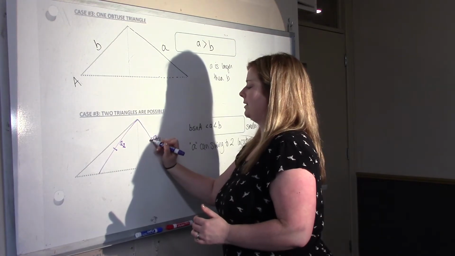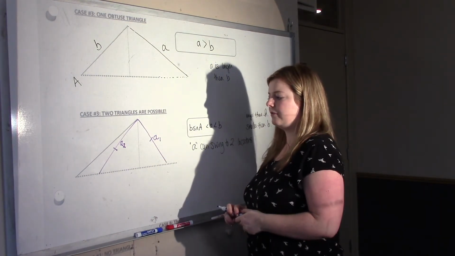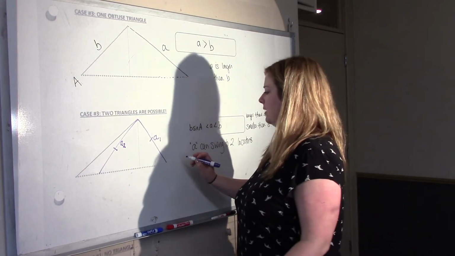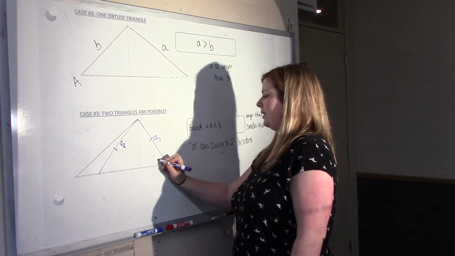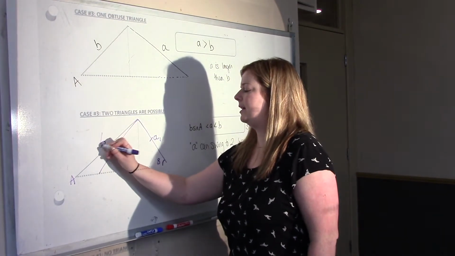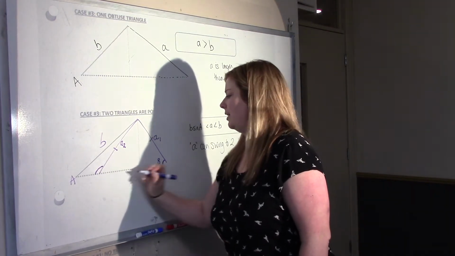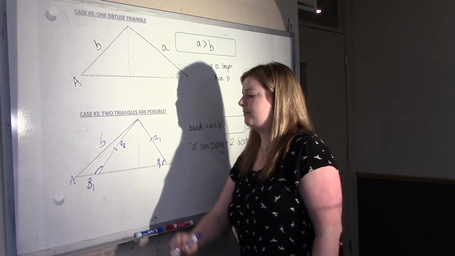Now, these are both the same because they're the same line, just drawn in two different places. Okay, so this is your first possibility for the angle B, given that this is angle A and this is side length B. And this here is your second option. So this is B1, and this is your second option for how big angle B can be.